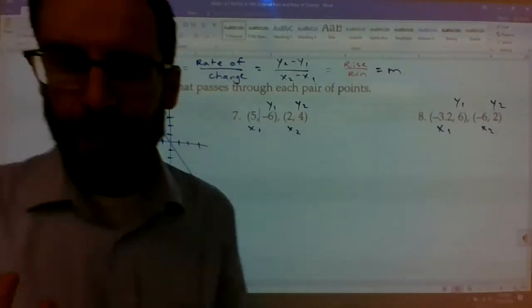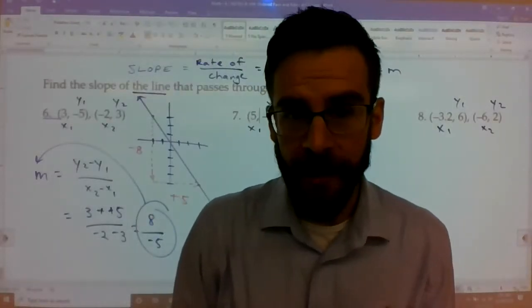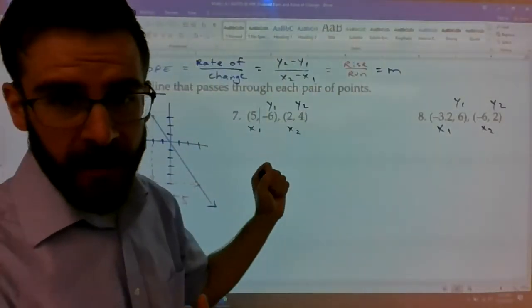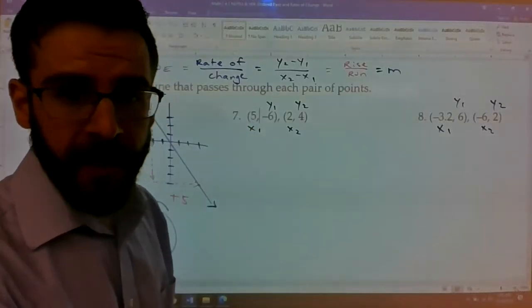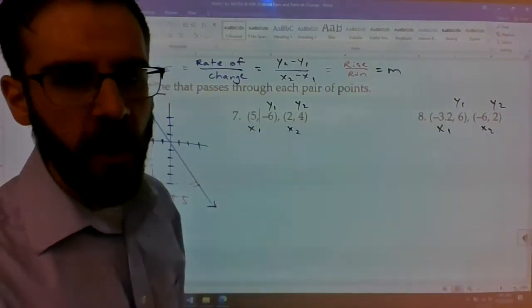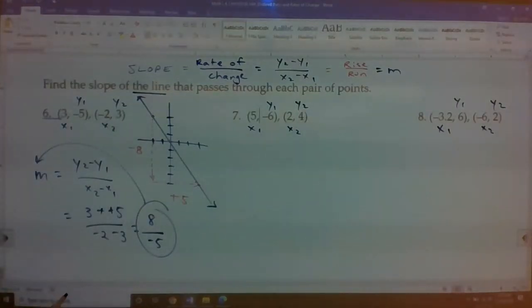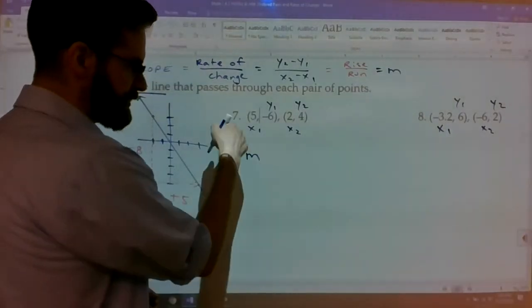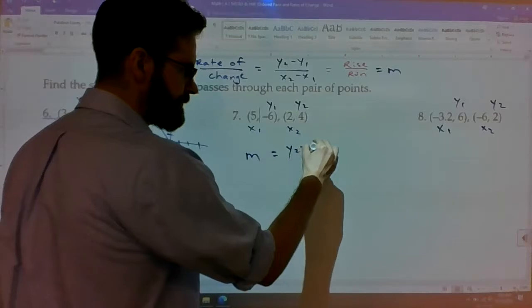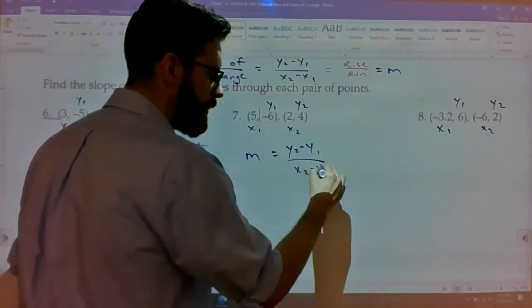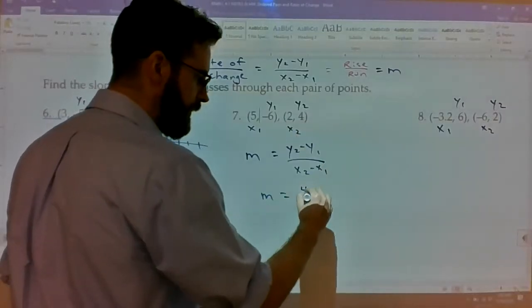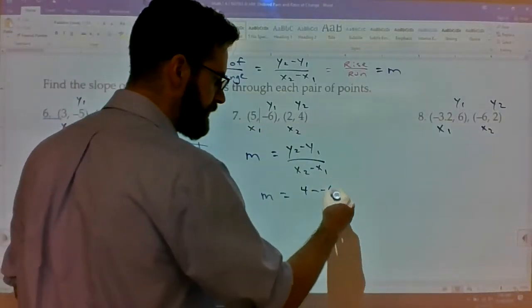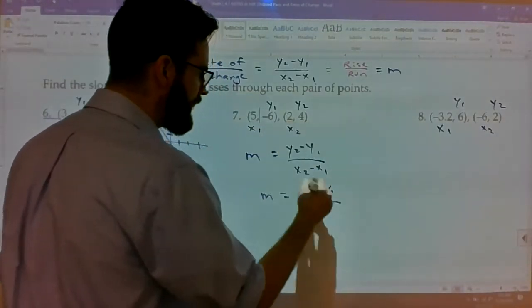But here's the thing. You don't need to graph it every single time. You just need to know the formula, and that gives you the rate of change, the slope, the rise over run, just by having 2 points on a line. So, to do number 7, we've got this formula, 4 minus negative 6 over 2 minus 5.